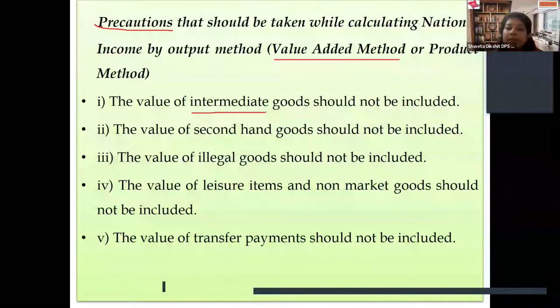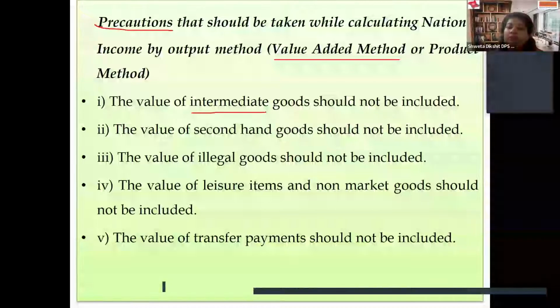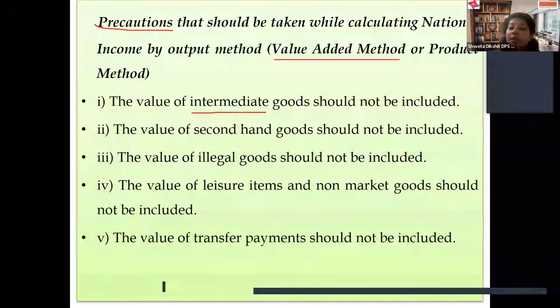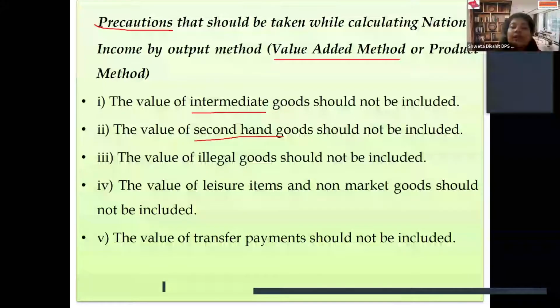I added them as well. So if I'm adding the final good value along with the intermediate good value, there will be double counting in the national income for the same bottle of perfume. So we don't have to add the value of intermediate goods. We just have to go ahead with the final value. And that's what is known as the problem of double counting. It can be an independent question also, what is the problem of double counting? Remember the answer.